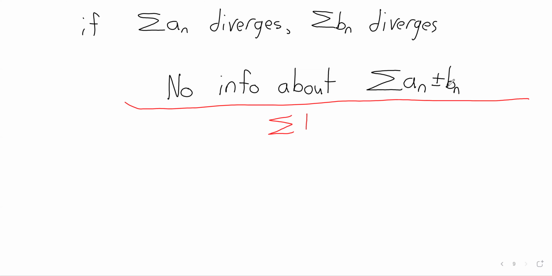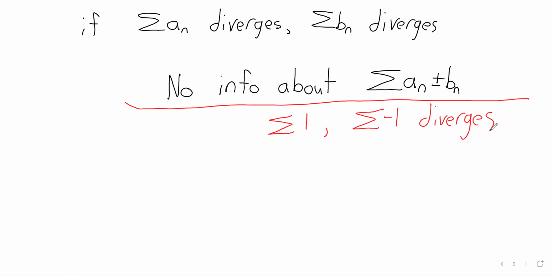But I mean, the easiest example is that both these series diverge. I mean, 1 plus 1 is 2, 1 plus 1 plus 1 is 3, 1 plus 1 plus 1 plus 1 is 4. These partial sums are going to infinity. These partial sums are going to negative infinity.